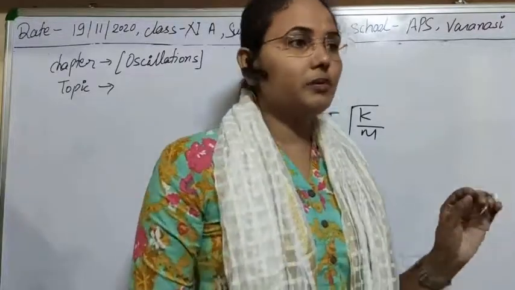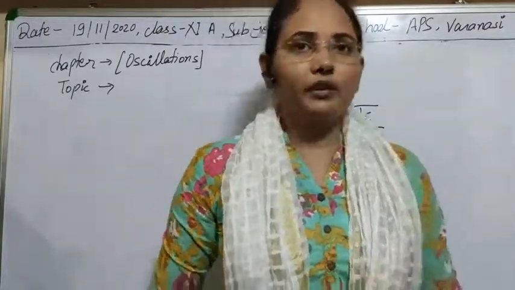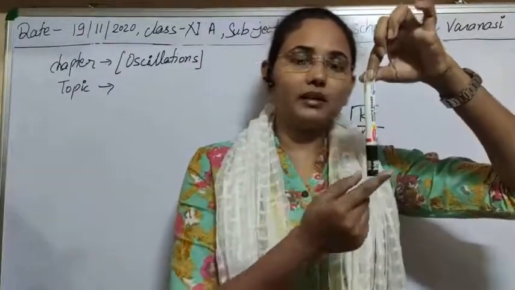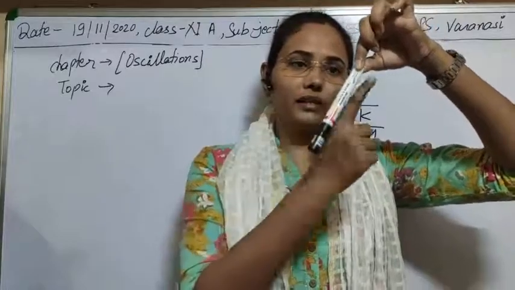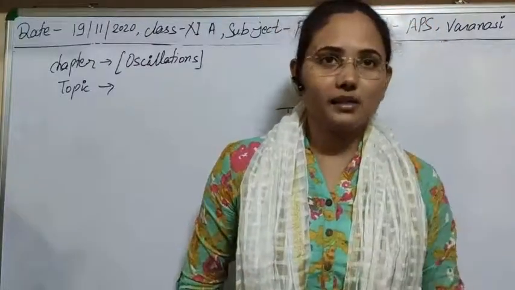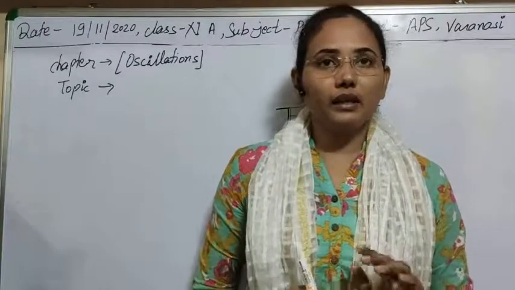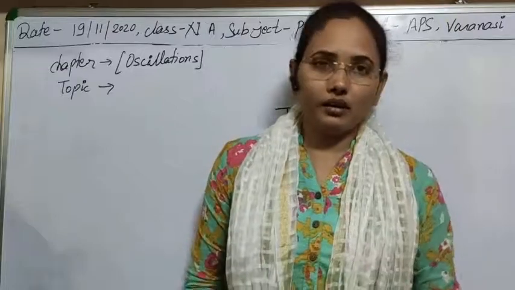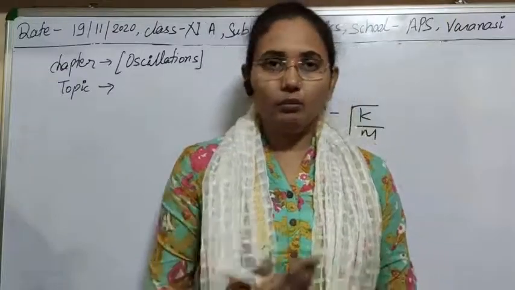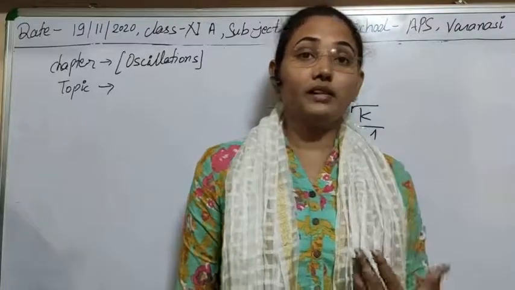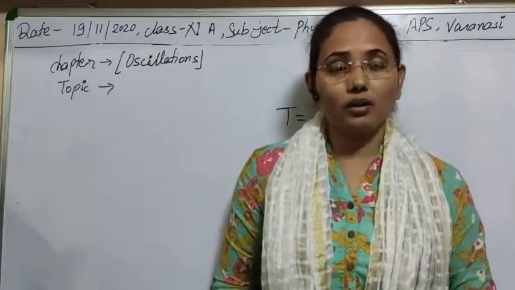Suppose we are taking a heavy mass suspended by some thread, then obviously this thread will make some angle from the point of suspension. Then along with linear, there can be angular motion also. So in case of rotational or angular motion, obviously there will be an action of torque.